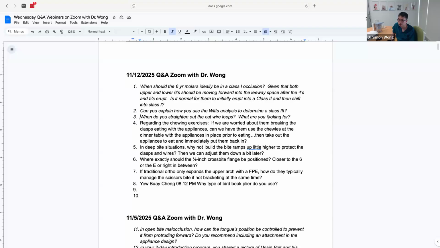If traditional ortho only expands the upper arch with a fixed palatal expander, how do they typically manage the scissors bite if not bracketing at the same time?